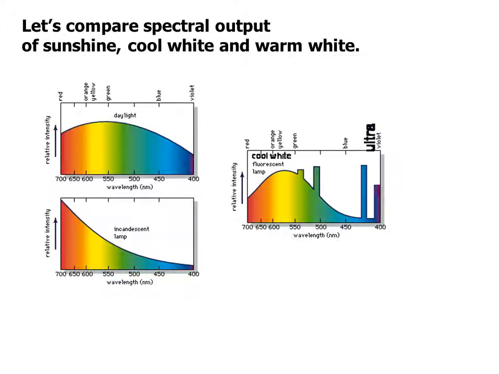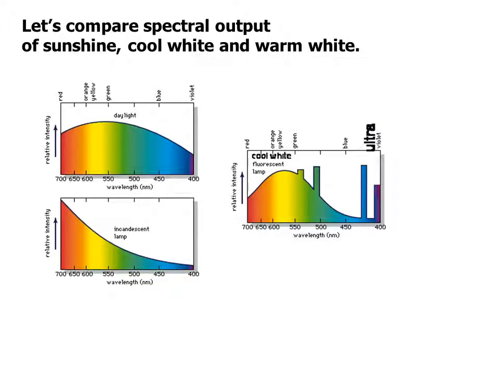So now let's talk about spectral output. We're going to compare sunshine, cool white tubes and warm white tubes. And remember that this holds true for LEDs as well as tubes, okay?